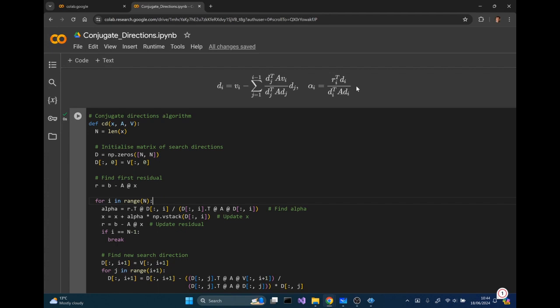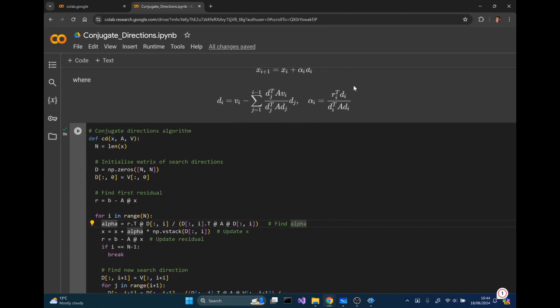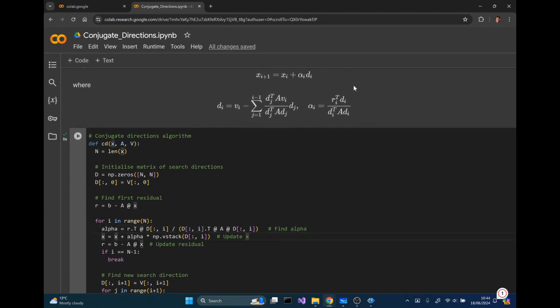So first of all, we compute alpha, like we said. This is using the current value of the residual. We then compute our next x, so we don't need to store the x's. New x is equal to old x, and then we've got an alpha multiplied by our current search direction.